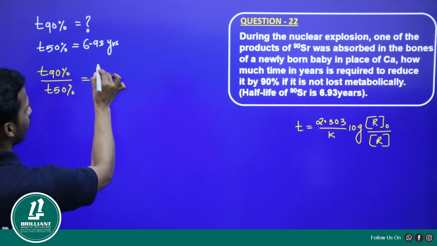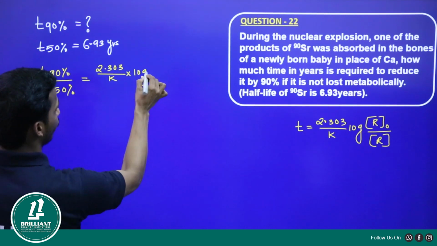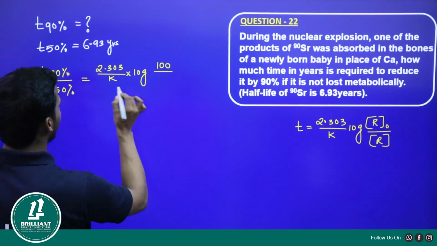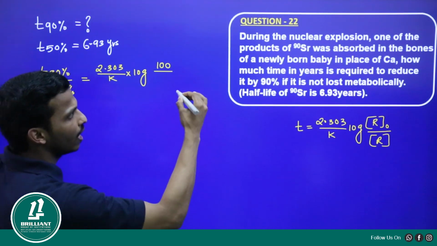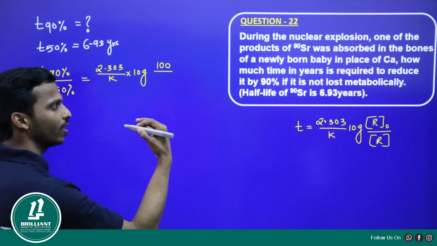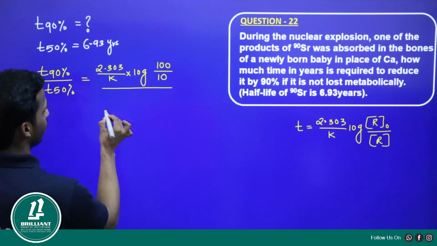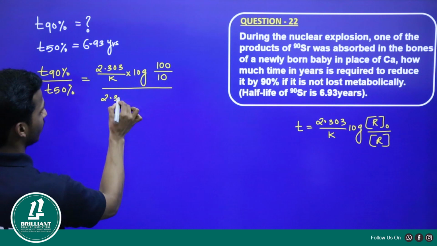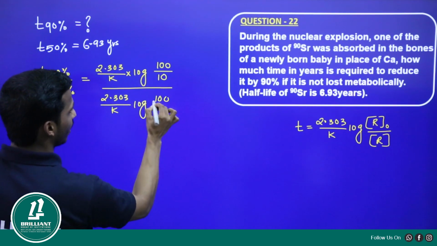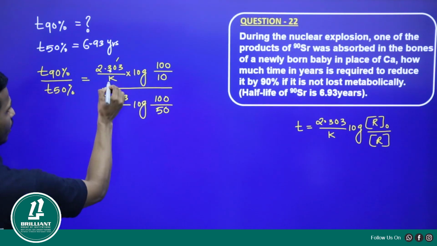So 2.303 by K into log of 100, initially, and after reducing 90%, 10 is left in the system. Divided by T50: 2.303 by K into log of initially 100, after 50%, what is left? 50, right? So you can cancel here.